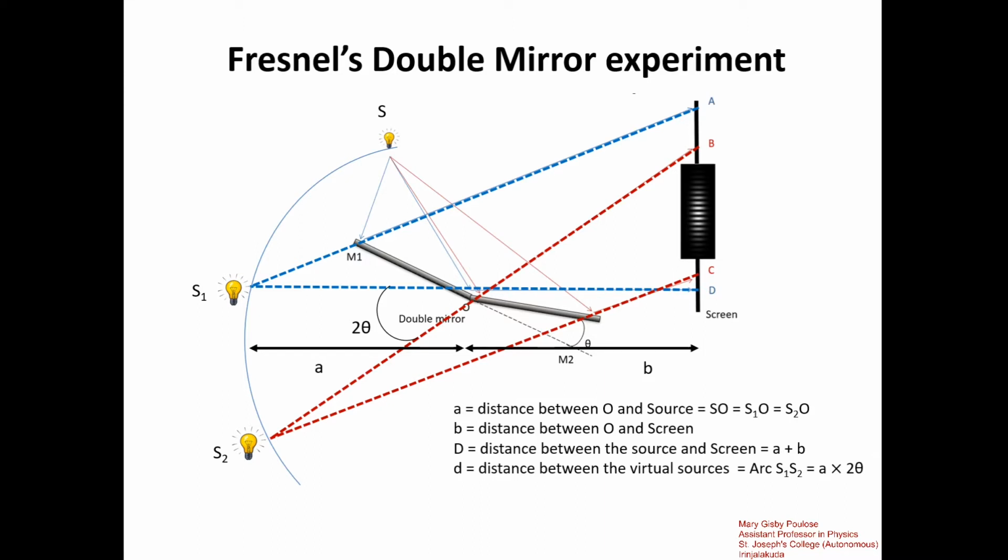Here, these virtual sources are lying on the circle, right? So I can say that the small d is actually arc S1S2. So by geometry, I can write arc S1S2 is equal to radius of the circle times the angle made by the arc. That is small a times 2 theta.